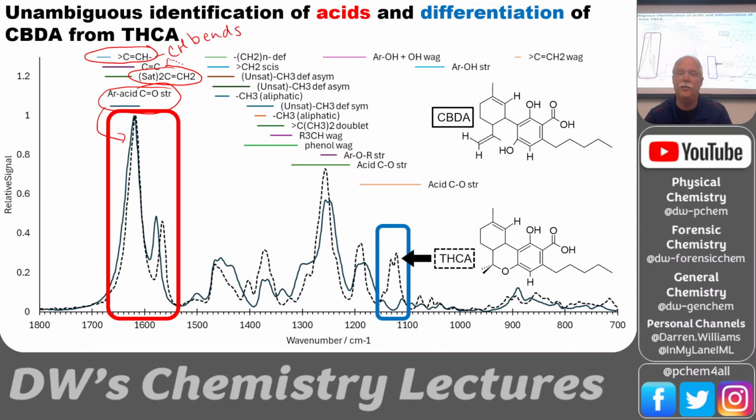As opposed to CH stretches. Here's the specific scissor mode right here. This blue one is the CH2 scissor. Here's the methyl deformations, asymmetric. So we have two different options going, say, in the X direction or in the Y direction. The deformations with those bending modes, the angle bends.